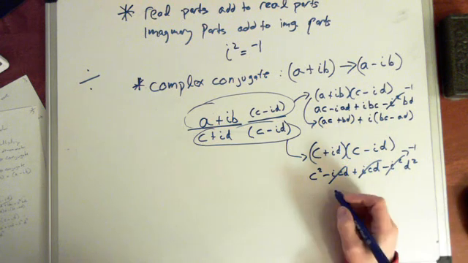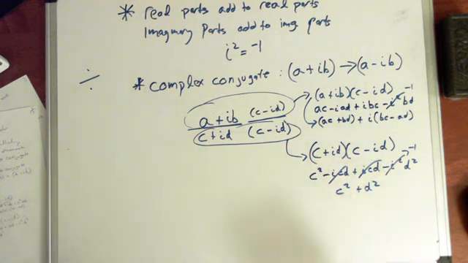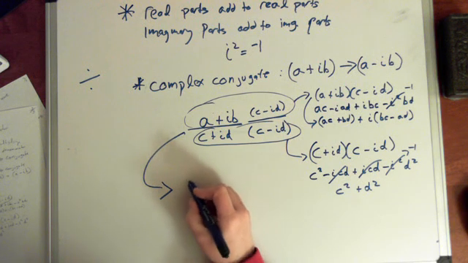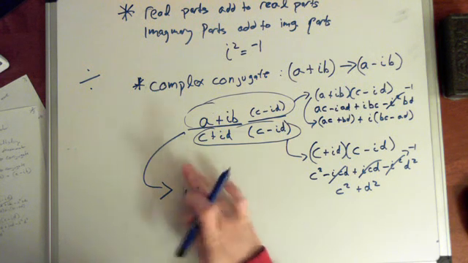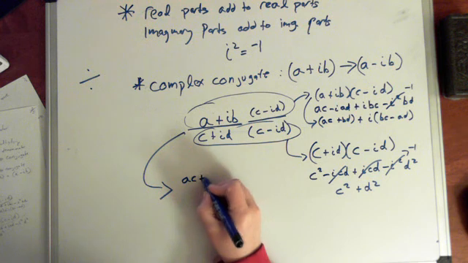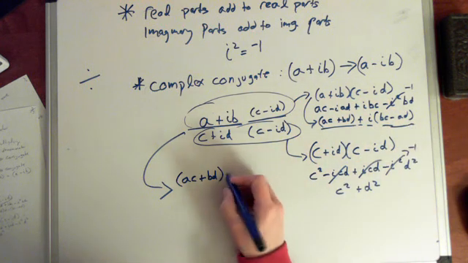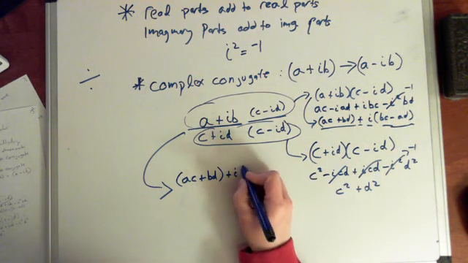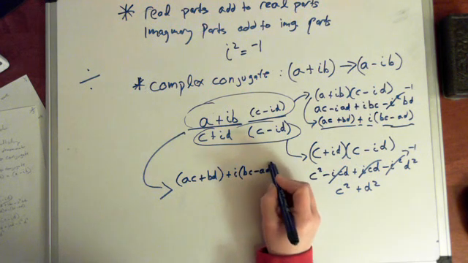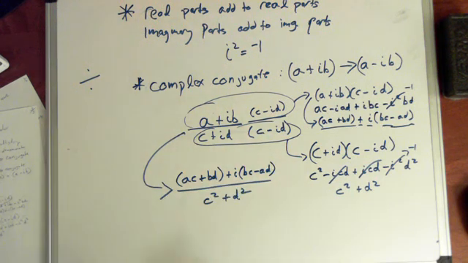This term and this term cancel out, so I am left with c squared plus d squared. To rewrite this expression, I've got ac plus bd, just this right here, plus i times bc minus ad, over c squared plus d squared. And that's it.